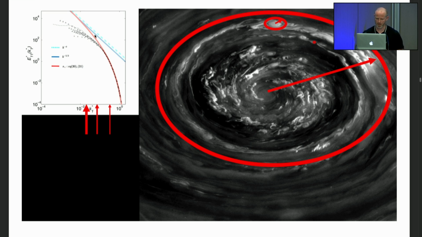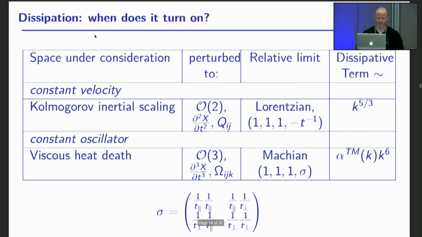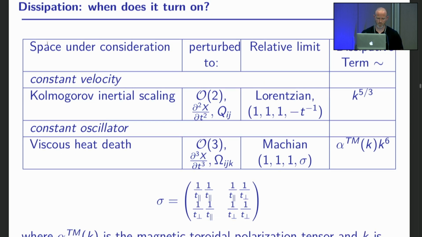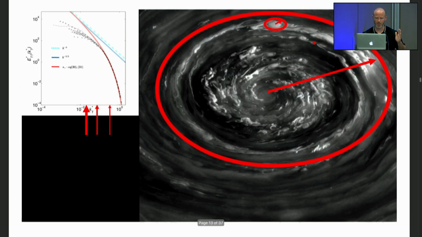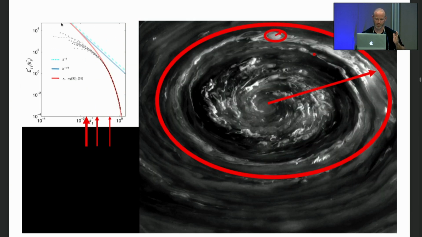So basically, the idea is that we copy what he did. So what he did was basically take a constant, so a Minkowski space, and perturb it to the second order, look at the units of dissipation, and then how that translates under Lorentzian invariance, and he gets this K to the 5/3 power law. And that works this whole time when you're in the inertial space.